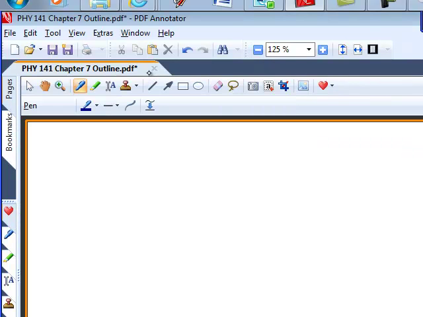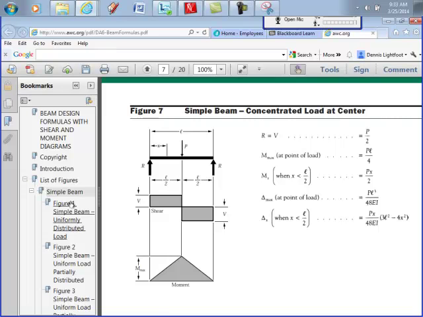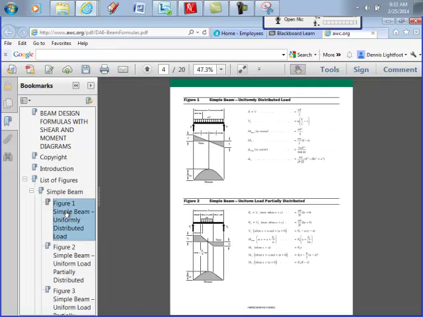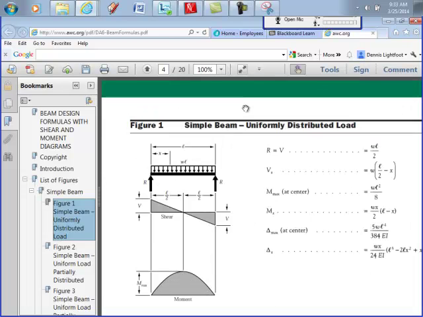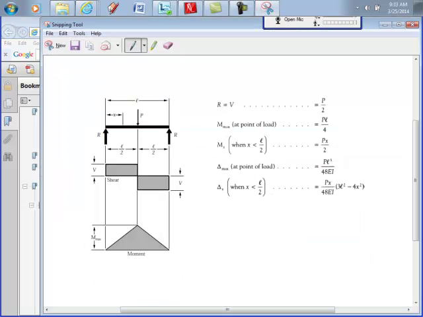Then for superposition, we would also look at our distributed load. The distributed load was this one. Snip that.